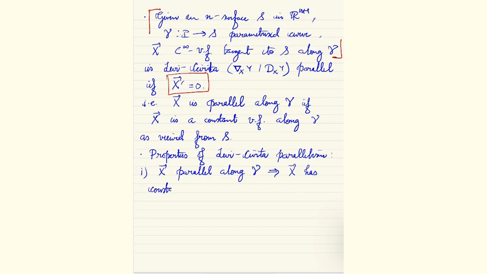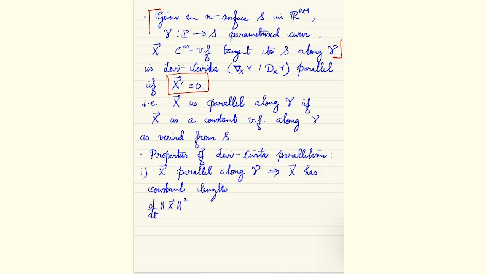The calculation is very much like how we showed that geodesics have constant speed. This is exactly that calculation, just applied in this context. Of course, x here is x of t, a function of time.